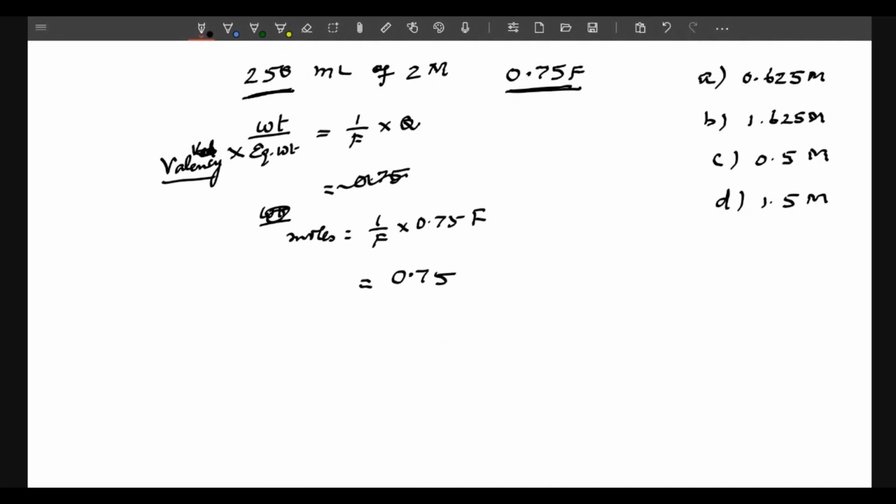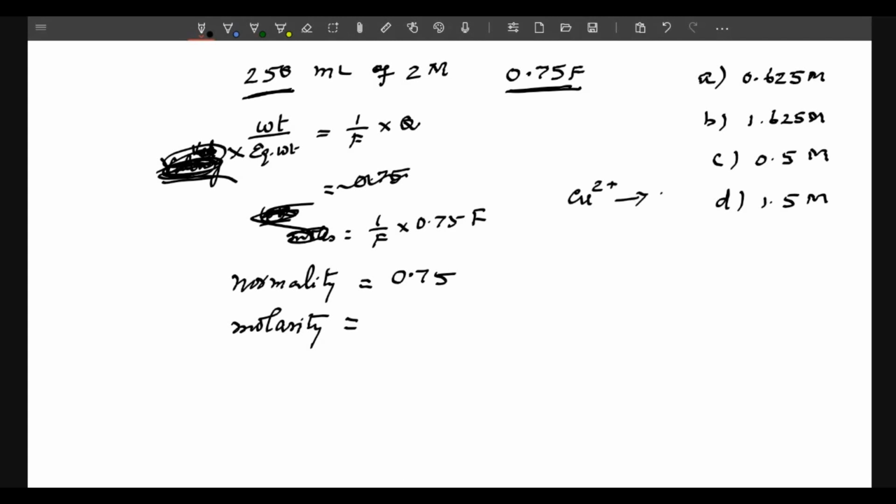0.75 normality. Sorry, here we have not put the valency. Sorry, I will do this in the normal way. So many normalities of copper. What is molarity? Molarity is nothing but the normality divided by the valency, or normality divided by the number of electrons involved in the process.